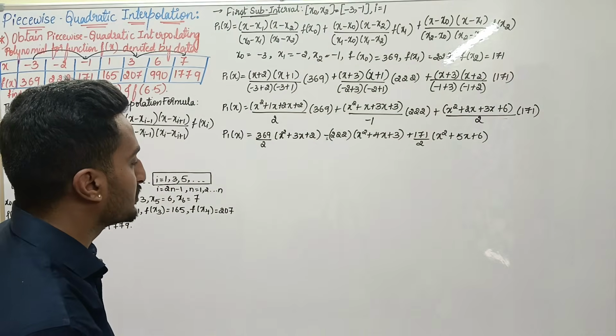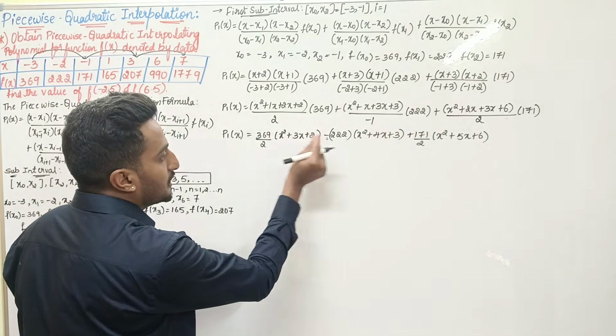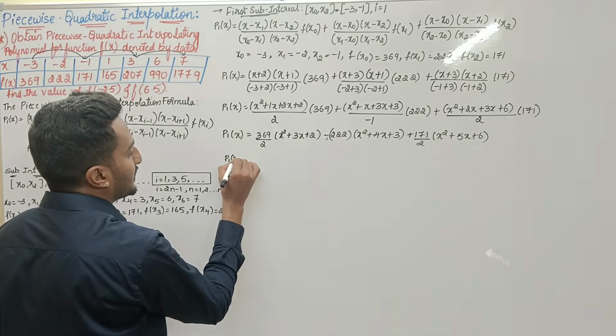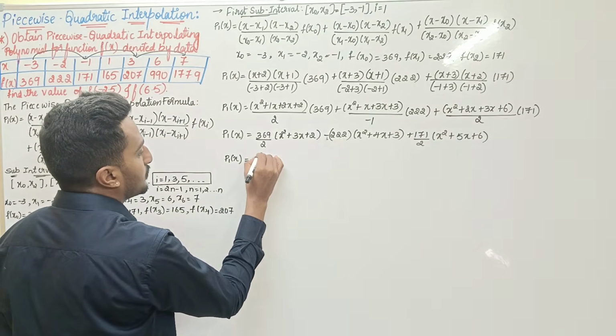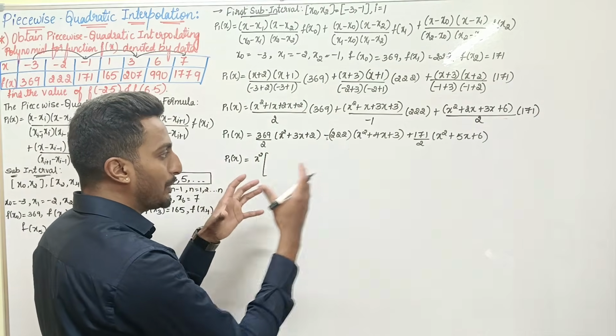Now, here what I am going to do, just try to analyze the condition. See, here x square, here also x square, here also x square. So I am going to take x square as common, x square into the term which I have to multiply. Now, I am going to combine those elements.